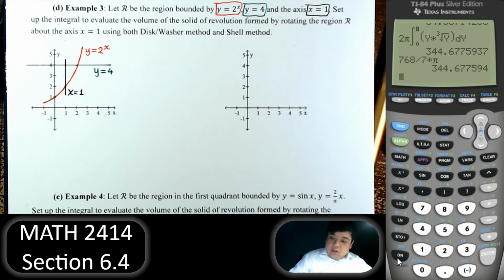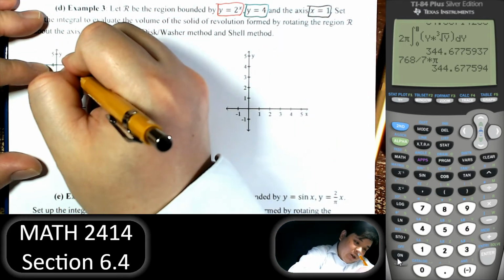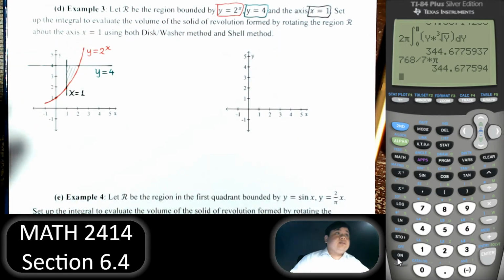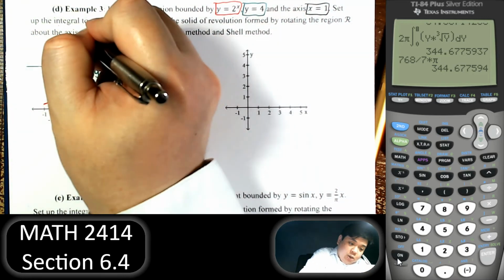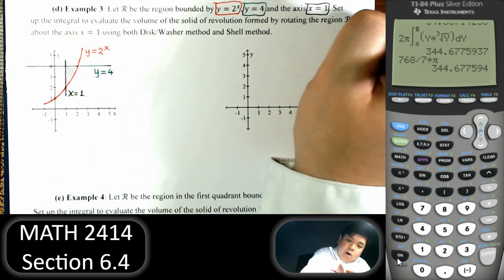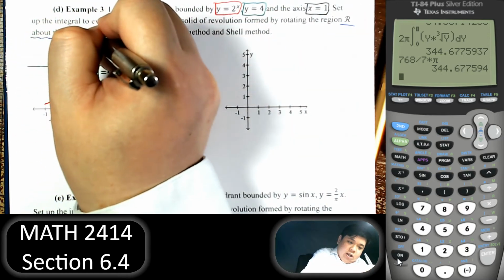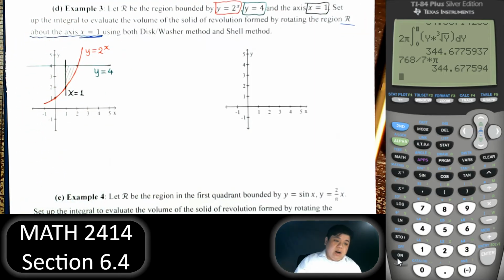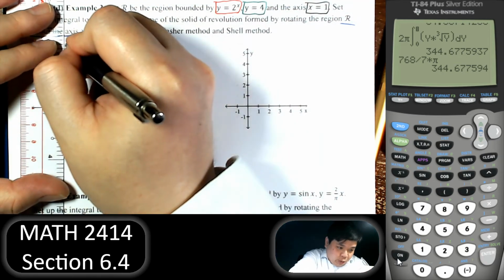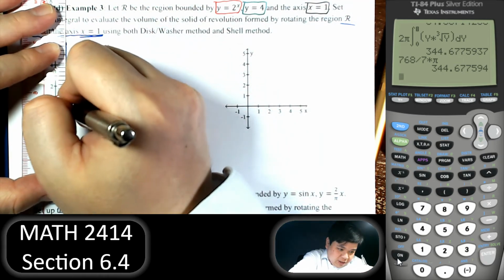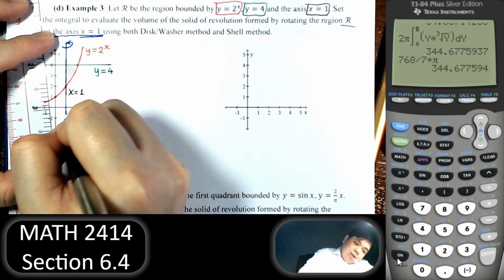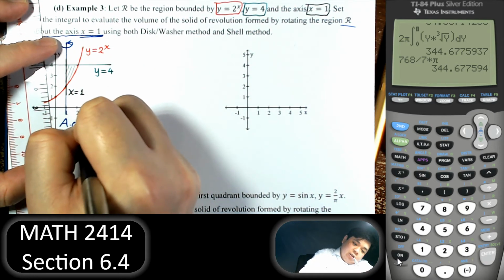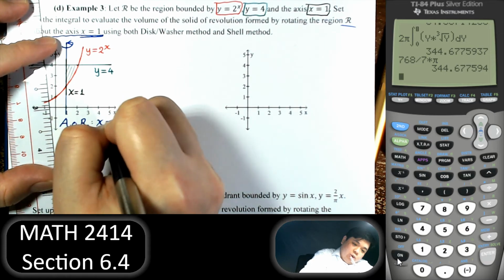And we talk about this region here. And for this one, the axis of rotation is x equal to 1. So about axis of rotation of x equal to 1. So this is also the axis of rotation. Axis of rotation x equal to 1.